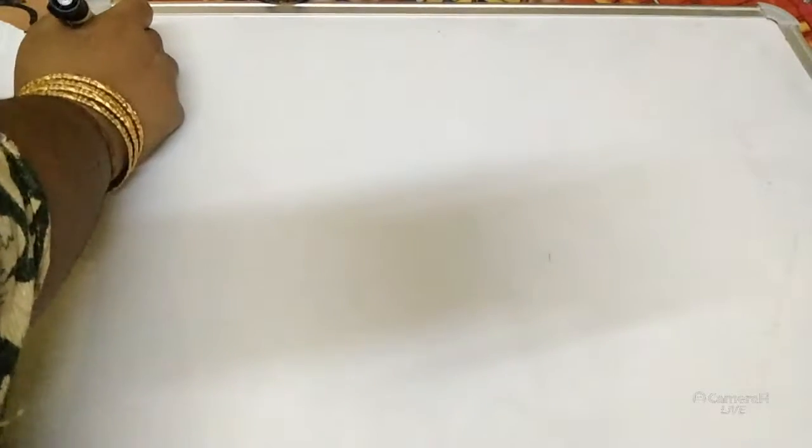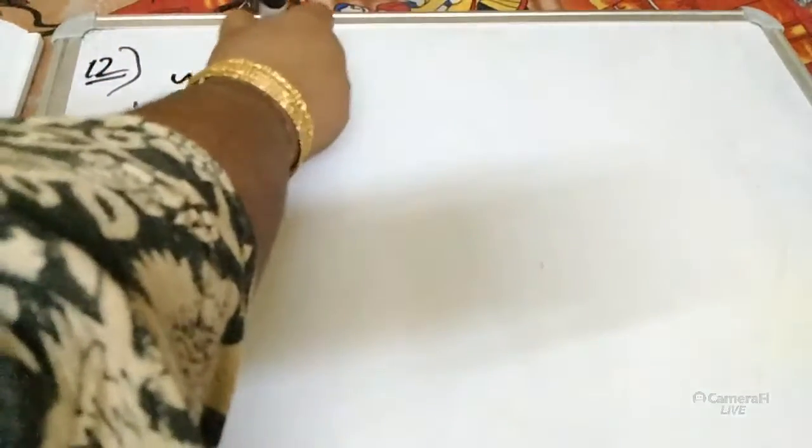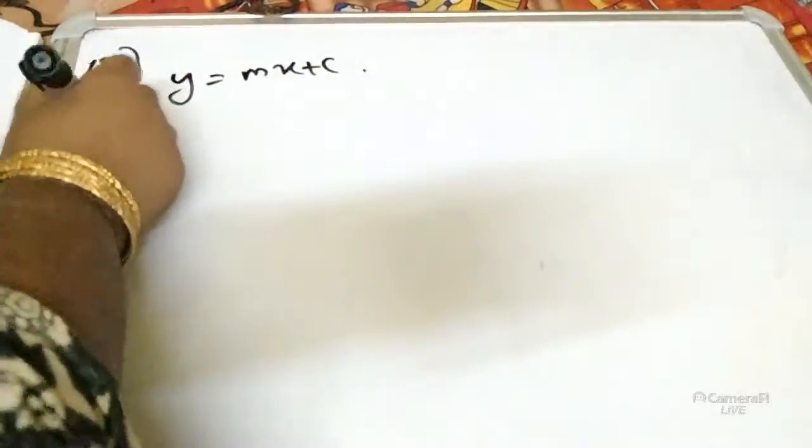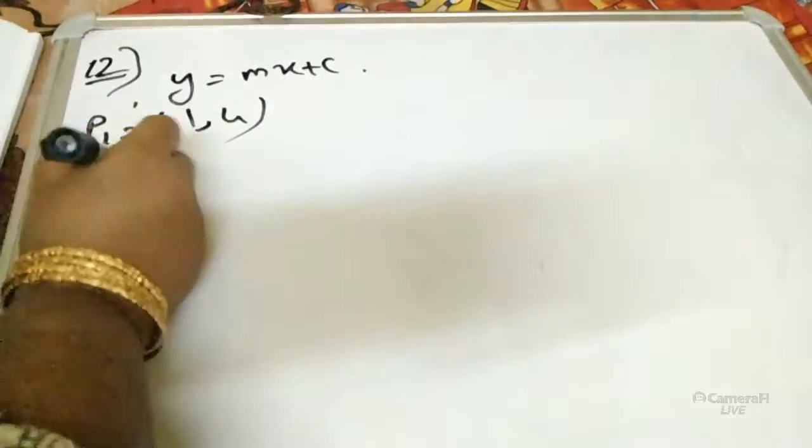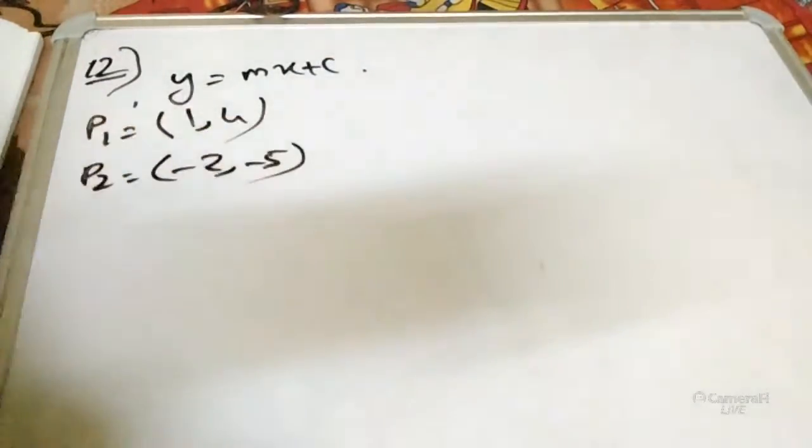Now number 12. Here 2 points are given. The equation is y is equal to mx plus c, and point 1 is 1 comma 4 and point 2 is minus 2 comma minus 5.